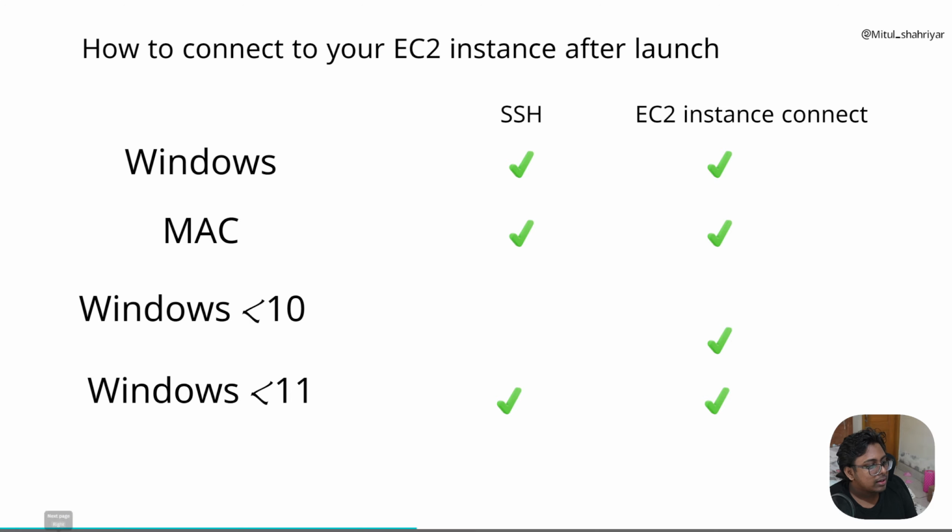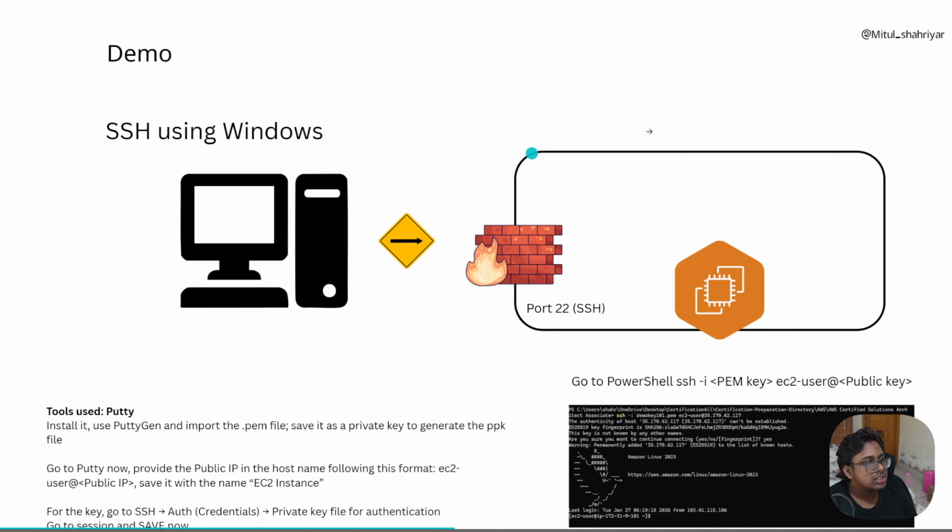Okay, now let's move to the next option, the demo, where we will see how we can connect to the EC2 instance using SSH. First of all, there is PuTTY, and this PuTTY is basically for Windows less than 10, maybe 8 or so.